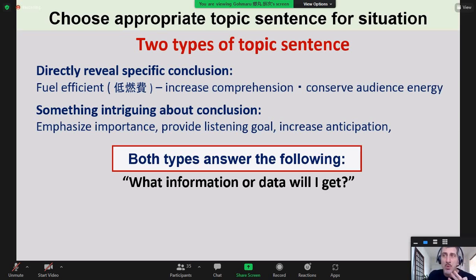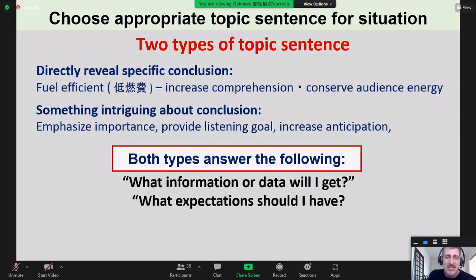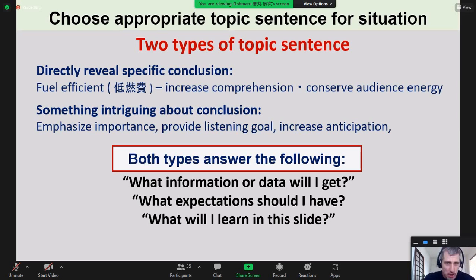What information or data will I get on this slide? What expectations should I have of this slide? What am I going to learn on this slide? These three questions should be answered by your topic sentence. So this is a really good test to know if your topic sentence is good.